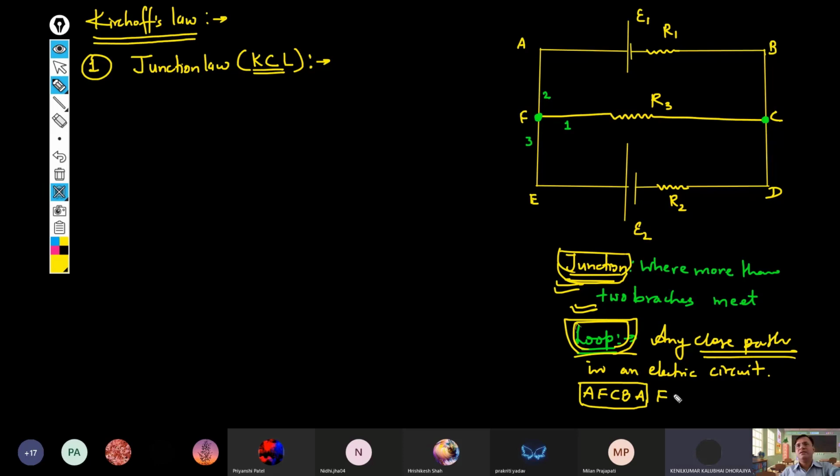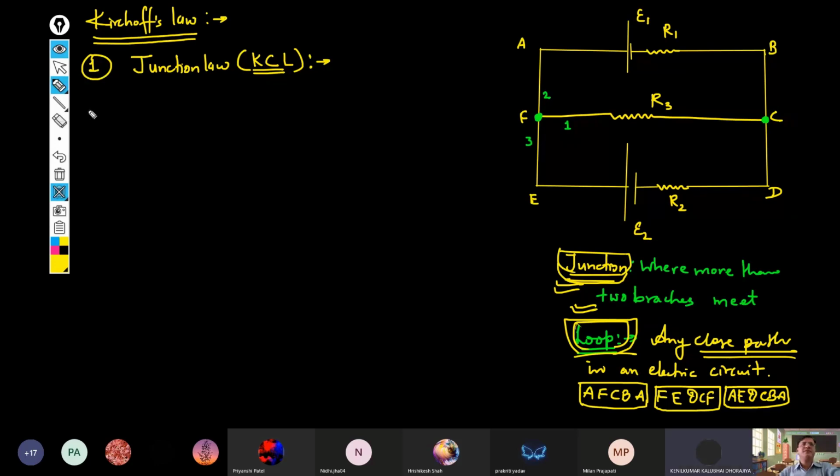And the lower one, F, E, D, C, F, is another loop. You can take any direction, for example A, E, D, C, B, A. Direction doesn't matter because current is not a vector quantity.